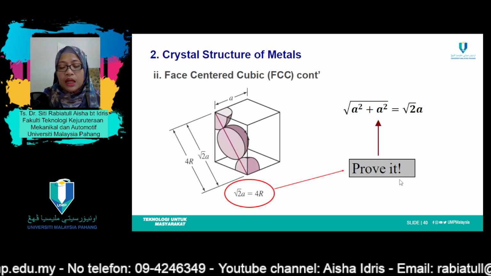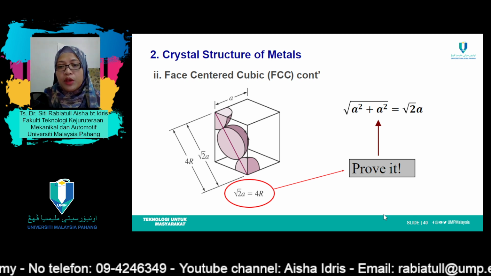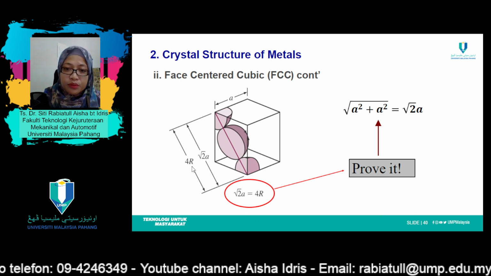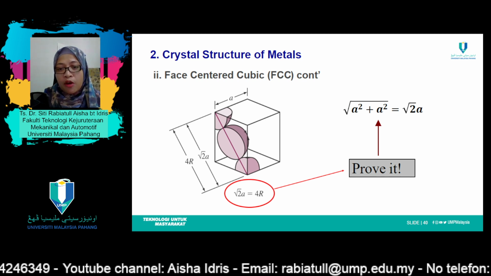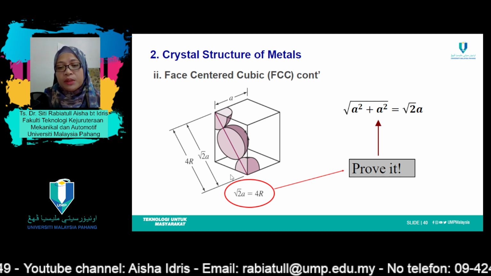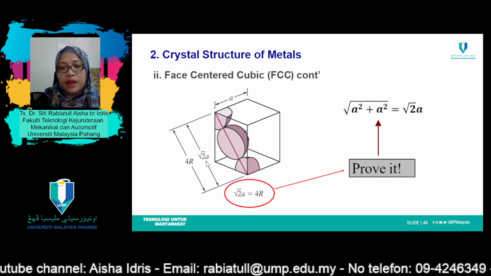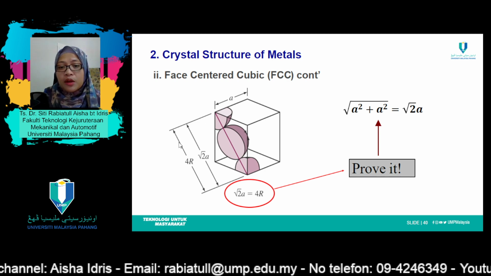Then before you calculate the value of APF, you need to find the relation between 4r and √2a. Normally, when a question is given to you, the √2a is not there, only 4r.